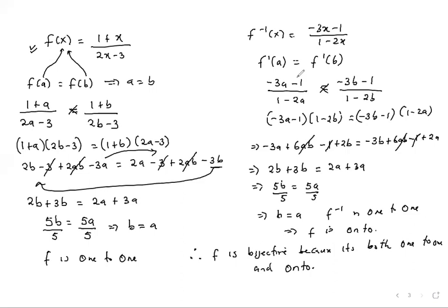The function is onto if the inverse is 1-to-1, which means that the function is also bijective. The function is bijective if both the original function and the inverse are 1-to-1. Okay, thank you very much.